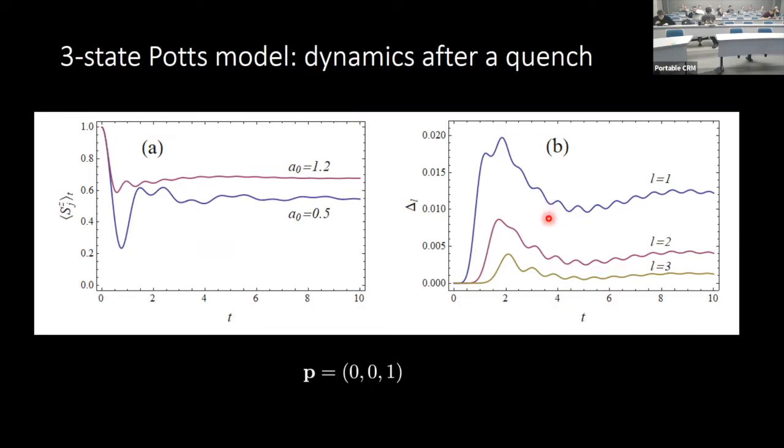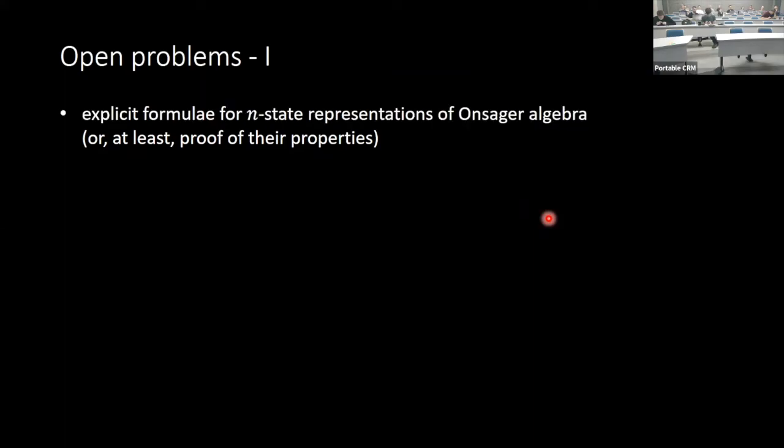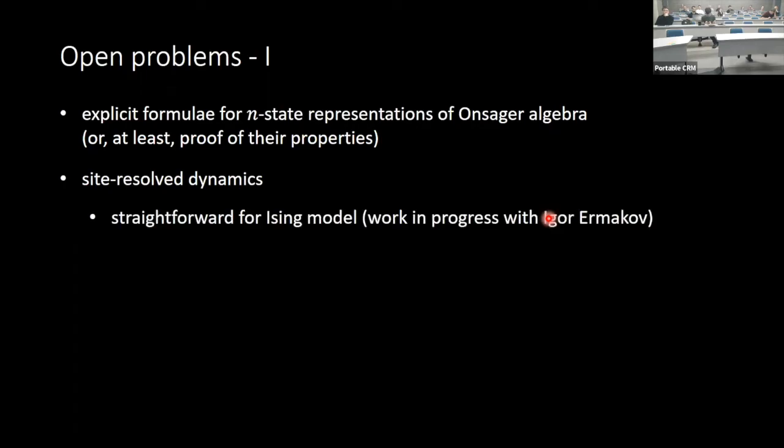Now I have less than 5 minutes, and let me briefly sketch the open problems. The first one, as I have said, there is no explicit formula for n-stage representations of the Onsager algebra. They are highly desirable, or at least the proof of their properties is desirable. Then one can hope to study not just translation invariant operators, but site-resolved dynamics.